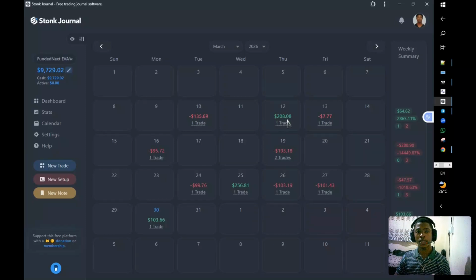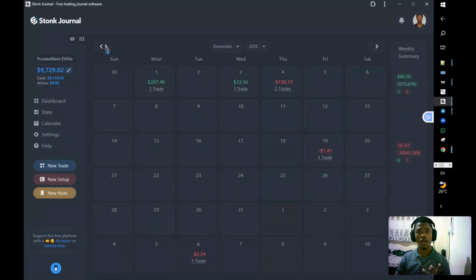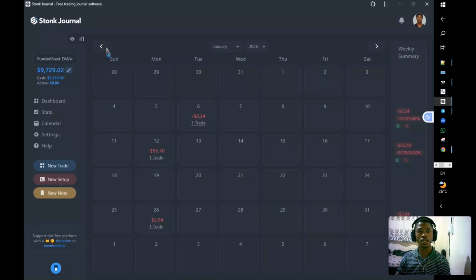But if we go to the calendar, you can see that one profit can outweigh all the losses of the week, which shows that it's a good strategy, a good win rate, a good risk to reward ratio. And the 2 months which I was talking about are March and November, because these were just small trades to keep the account active so that it is not closed.